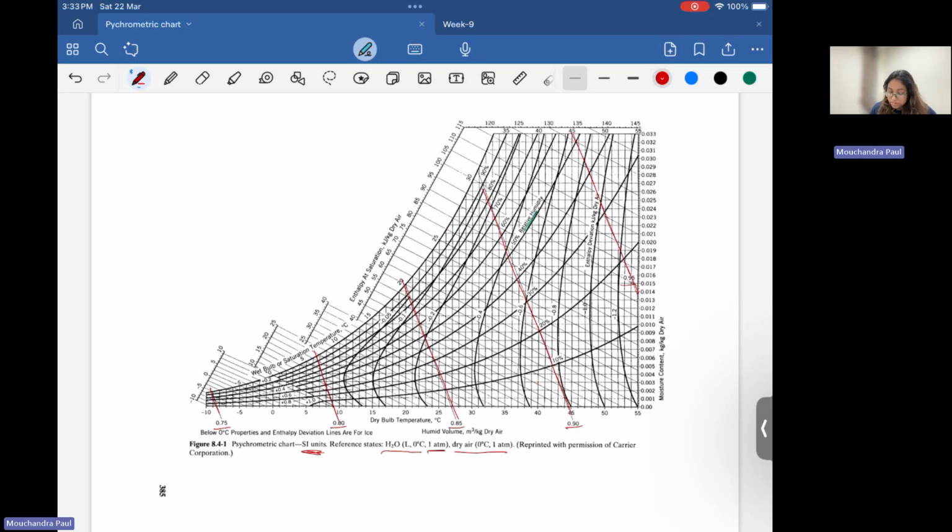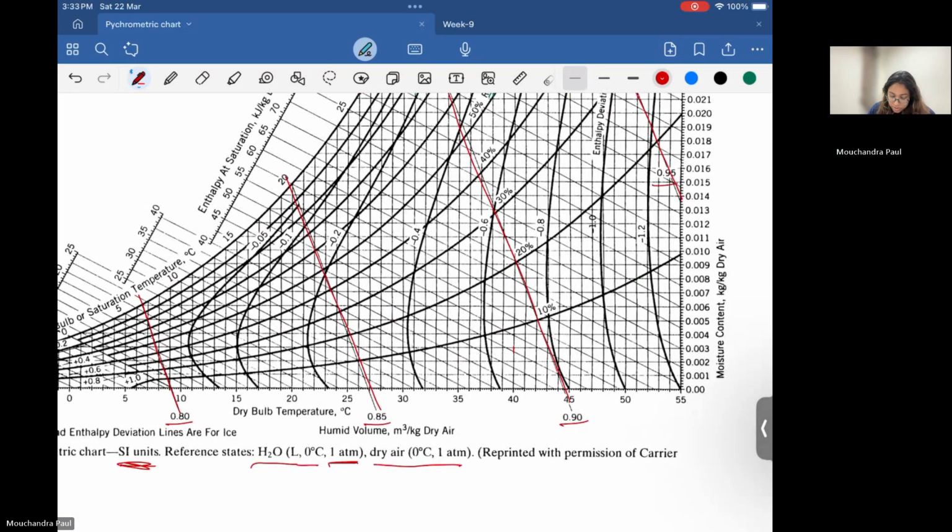So again, let's go back to the same example. Let's say someone asks you, what is the humid volume at the given condition of 40 degrees Celsius and 10% relative humidity? We first extend a vertical line from 40 degrees Celsius to 10% relative humidity.